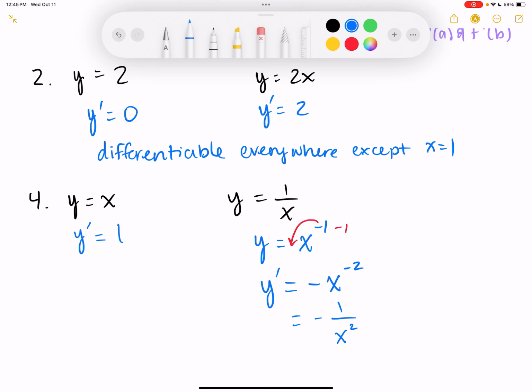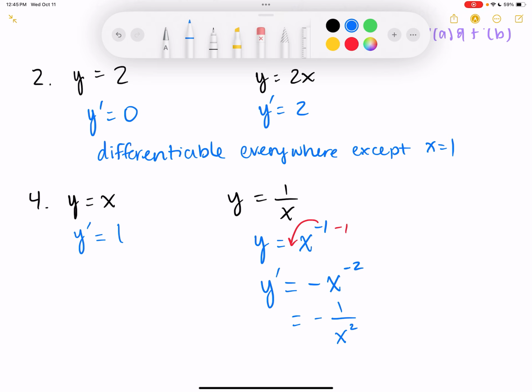So you want to put it back in. Oh yeah, because you don't want to. Yeah, and then if you plug in the point, we didn't have to actually plug anything in the first one because they both came out to just be numbers. This one, because we're left with an x, we're now plugging in this point here.